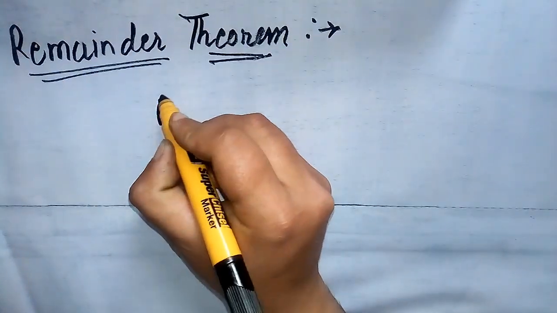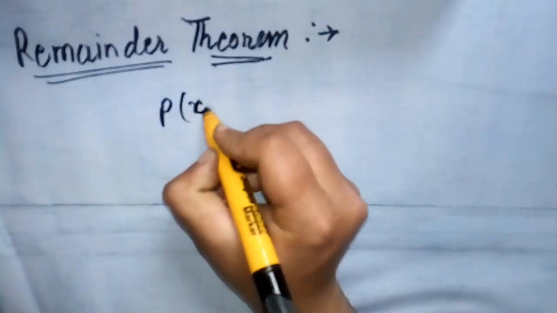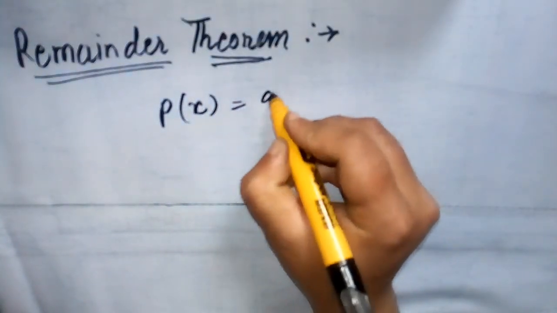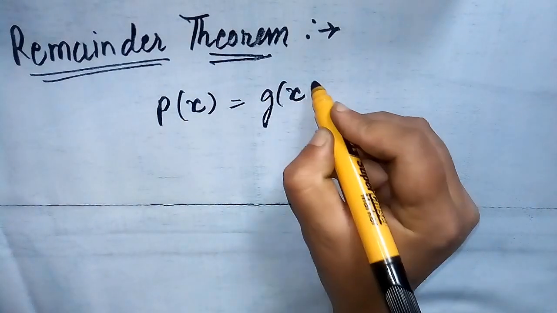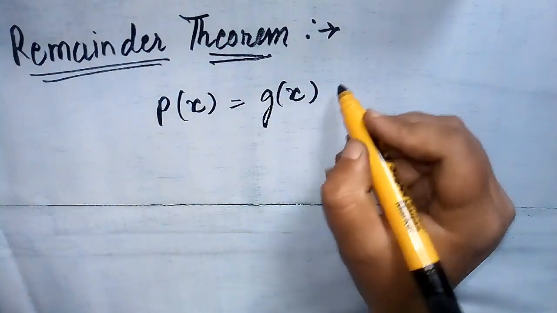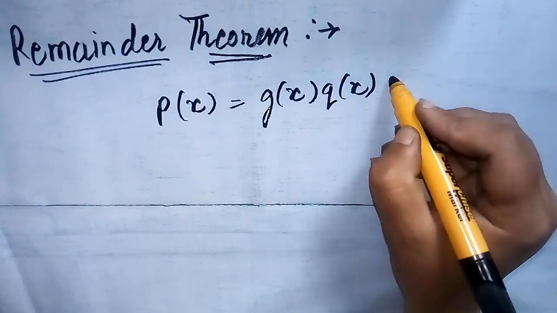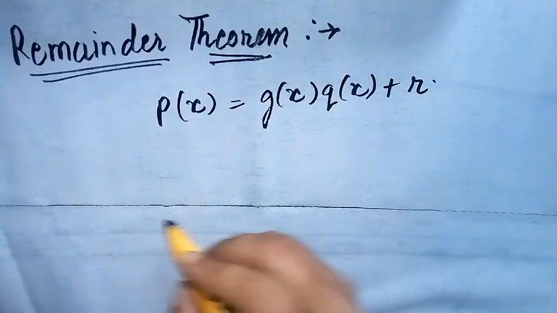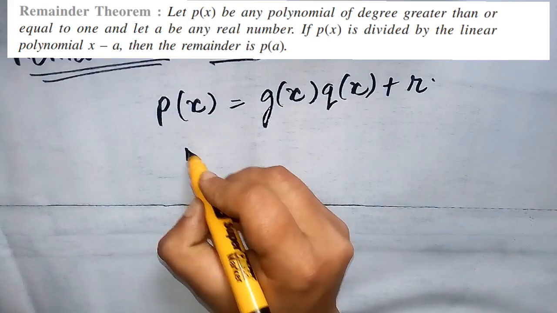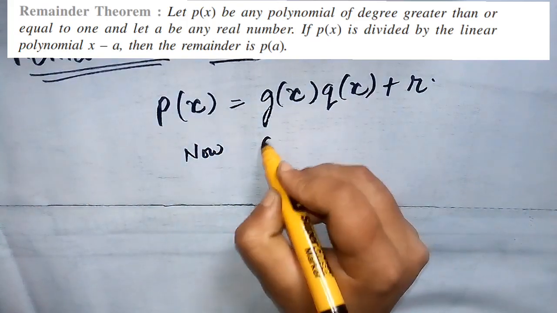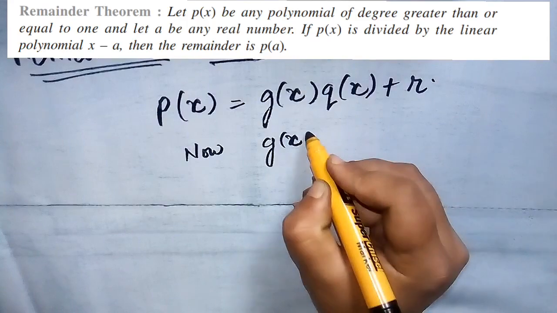We know the statement that p(x), that is dividend, equals divisor into quotient, that is q(x), plus remainder. Remember the last statement of the question, that p(x) is divided by linear polynomial x minus a.